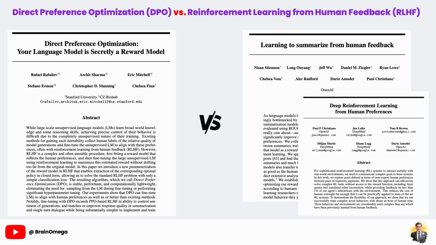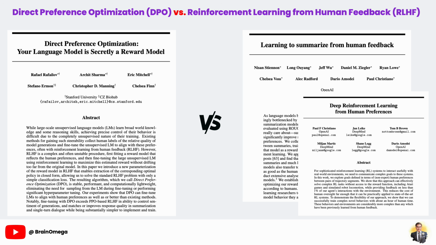Before DPO, the gold standard was reinforcement learning from human feedback, or RLHF. As the name suggests, it's a multi-stage process. First, you train a separate reward model. You show it thousands of pairs of model responses and ask humans which one they prefer. The reward model learns to predict which response will get a higher score.